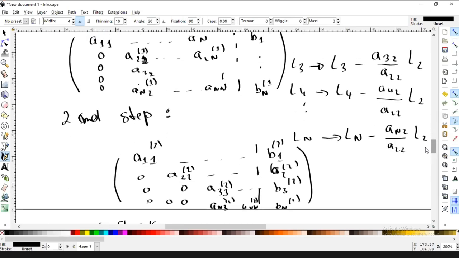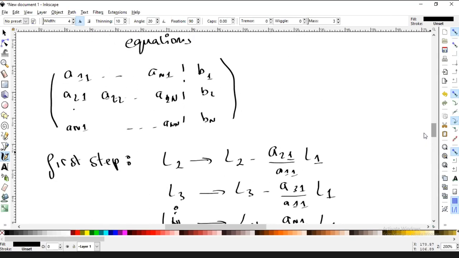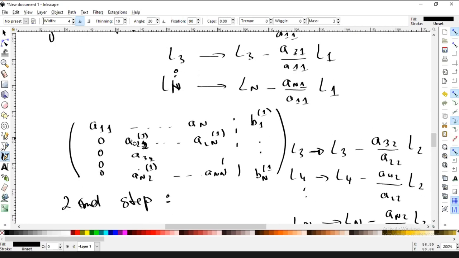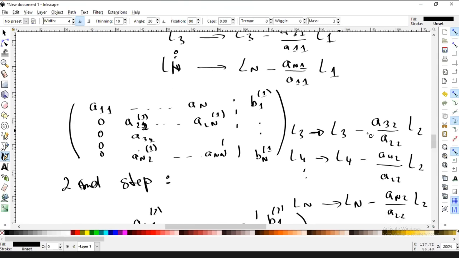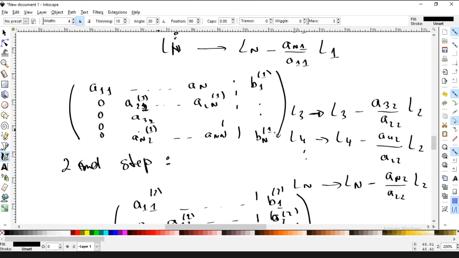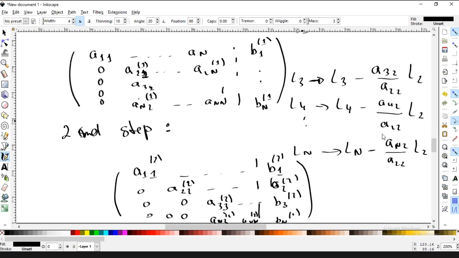As you can see here, for the first step, you take j equals 1. After the first step, you get this. For the second step, you modify the lines from 3 till n, with j from 2 till n.